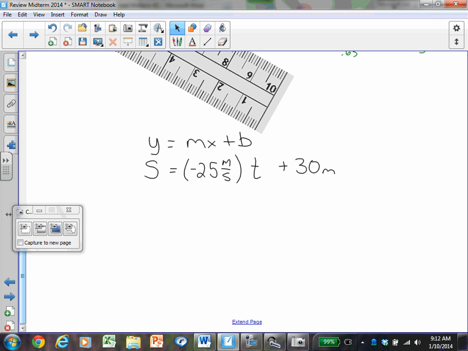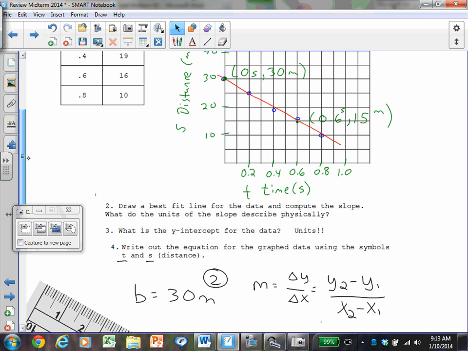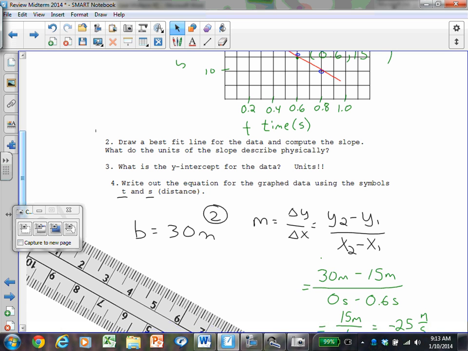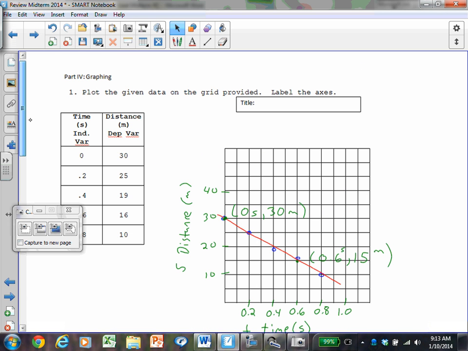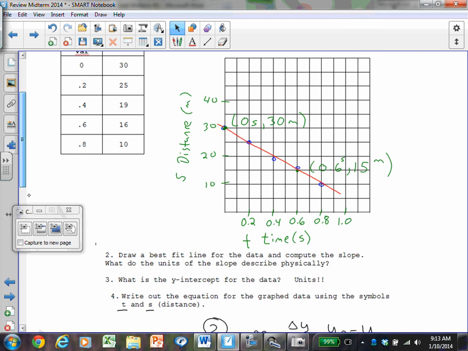You could do that. In this class, you can get it off of the graph, okay? What would you say is a good title for this? I don't know, velocity calculations. Okay, moving on.